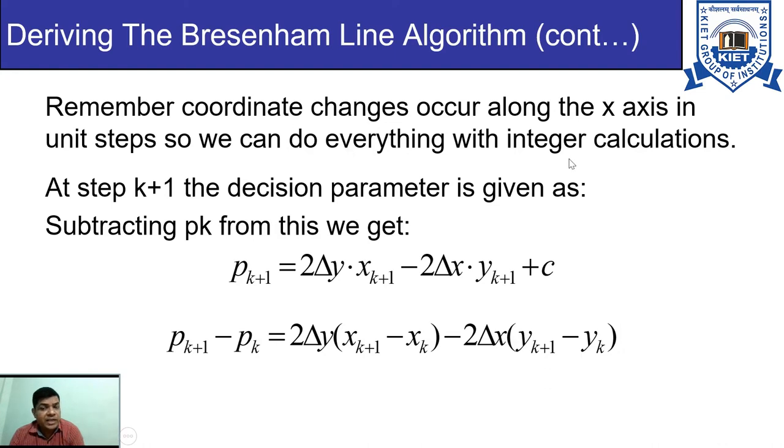At step k plus 1, the decision parameter is given as pk plus 1 equals 2 delta y xk plus 1 minus 2 delta x yk plus 1 plus c.